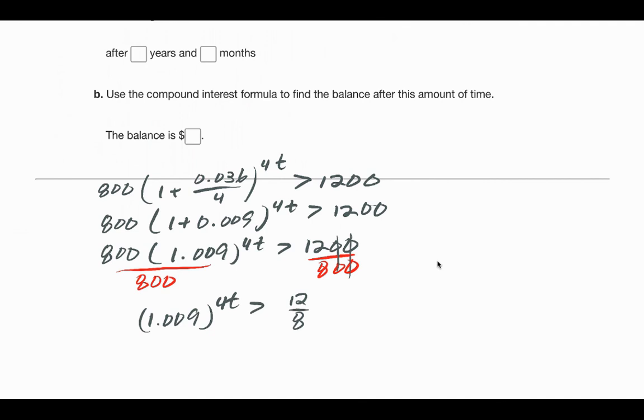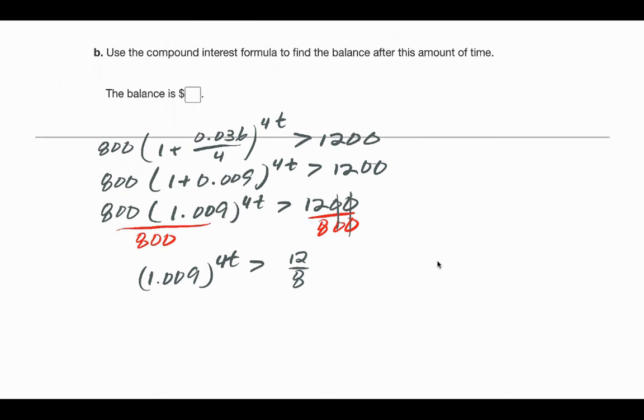All right. So again, I need to bring this down. So to bring it down, I just have to natural log both sides. All right. So when I natural log both sides, that'll allow me to bring this down.